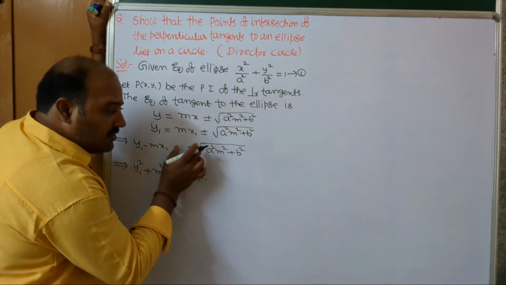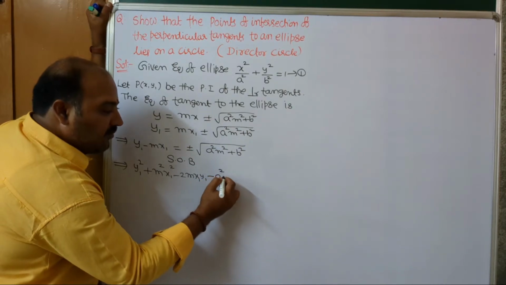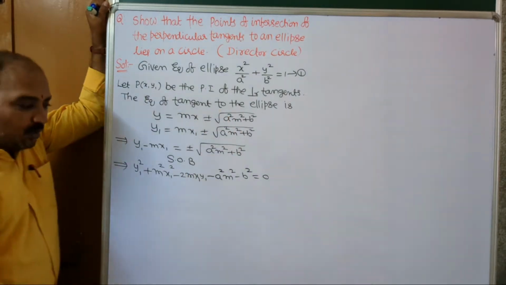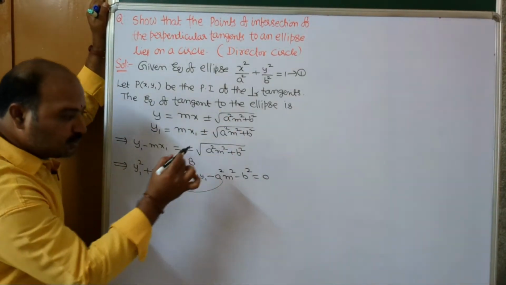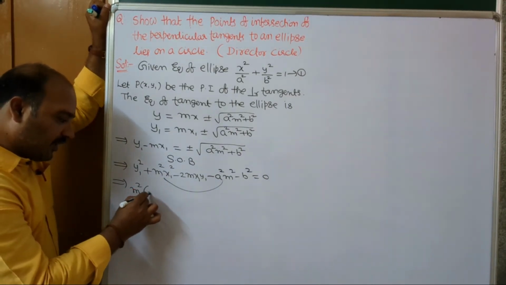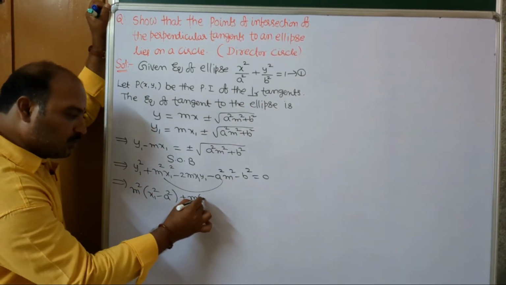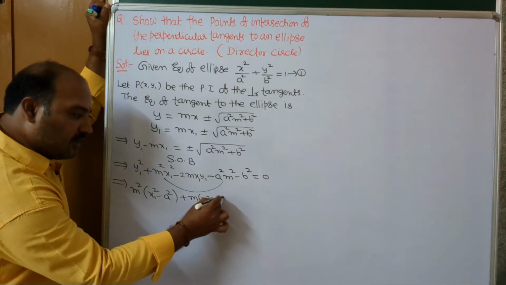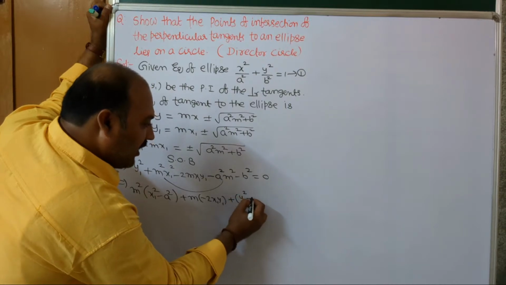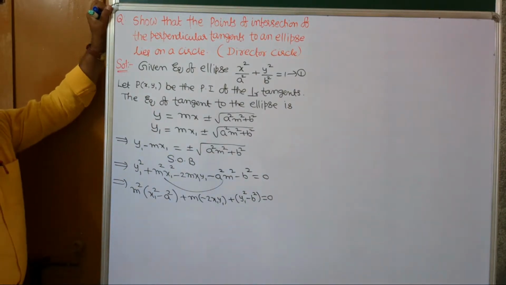After squaring on both sides, this plus or minus is going to be removed and we bring this side: minus a square m square minus b square equal to 0. Now from these two, m square take common. So m square into x1 square minus a square plus m into minus 2x1 y1 plus y1 square minus b square is equal to 0.